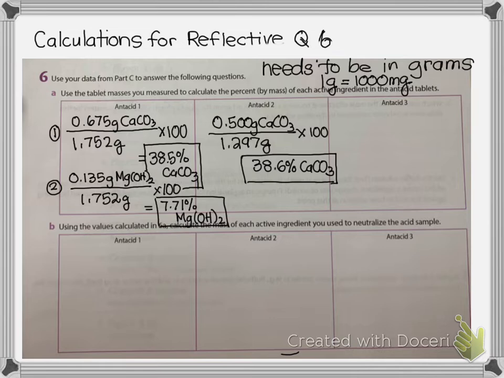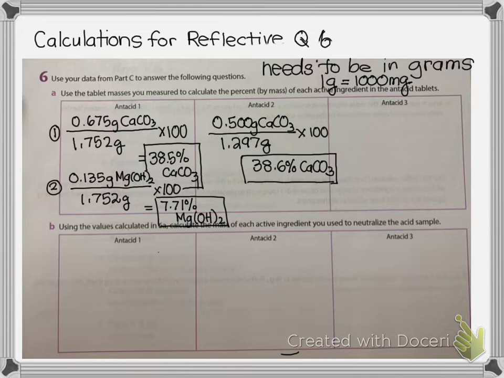All right, so let's look at the second question. It says, using the values calculated in 6A, calculate the mass of each active ingredient you use to neutralize the acid sample. So we do need a little piece of data here.